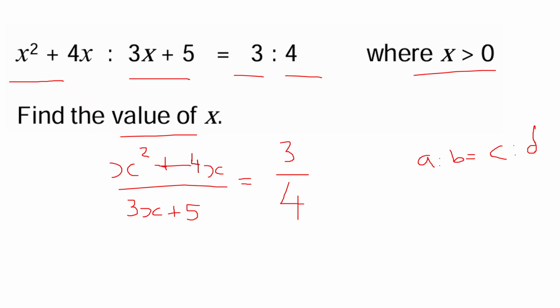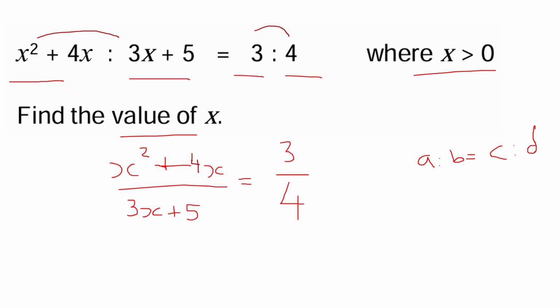If I have one ratio equal to another ratio, the first part of the first ratio divided by the second part of the first ratio has to equal the first value of the second ratio divided by the second value of the second ratio. So this over this is equal to this over this.